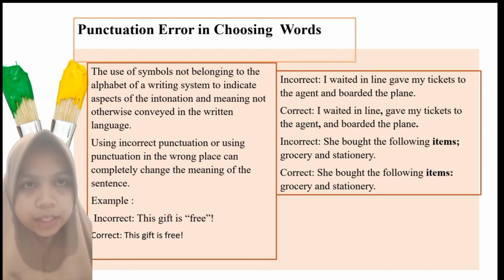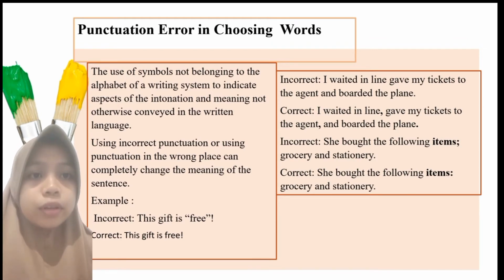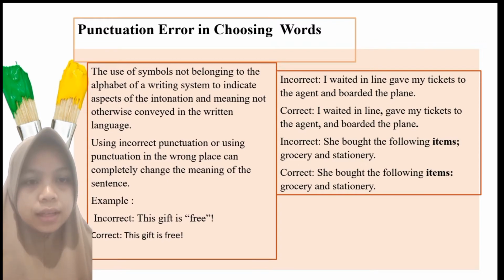For example, as you can see, the first example, the incorrect sentence is, "I waited in line, gave my ticket to the agent and boarded the plane." And the correct sentence is, "I waited in line, comma, gave my ticket to the agent, comma, and boarded the plane, full stop."